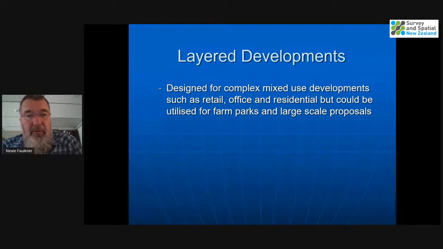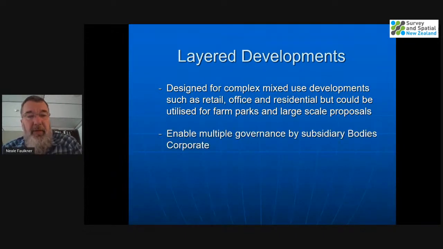And one of the things we copied was layered developments. The idea of layered developments is trying to separate the uses within a large-scale development that has a whole lot of mixed uses within it, retail, office, residential, etc. It can be used for farm parks and large-scale proposals. So that's what it's used for.